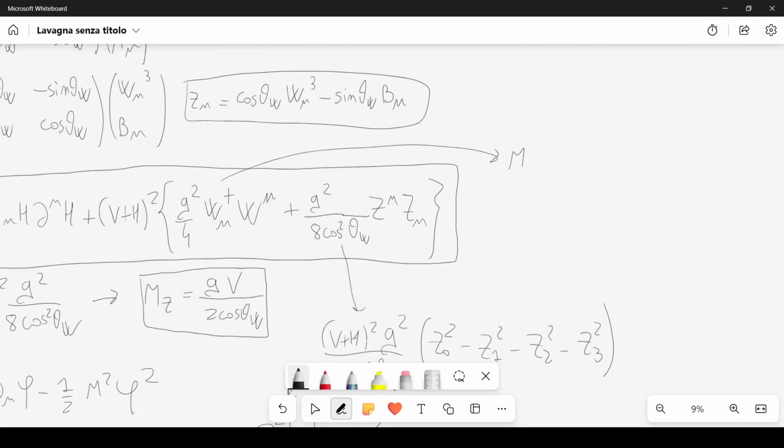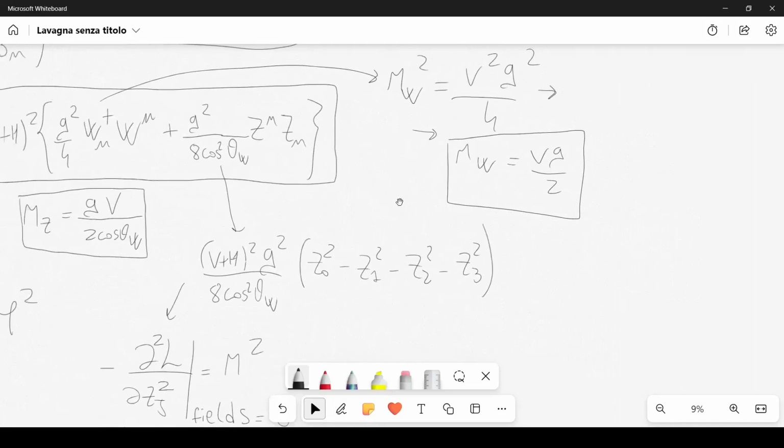So m_W squared is equal to (v+h) squared times g squared over 4, but remember that you're going to set the fields to 0, so h is equal to 0, and you get v squared g squared divided by 4, and therefore m_W is equal to vg divided by 2.